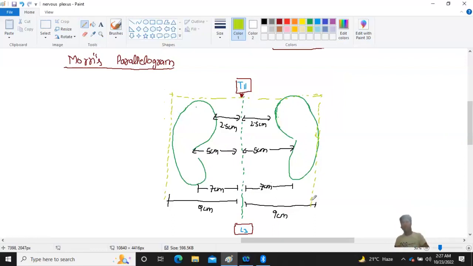Remember, in the anatomical position of the kidney, the upper pole is above and slightly tilted backward.